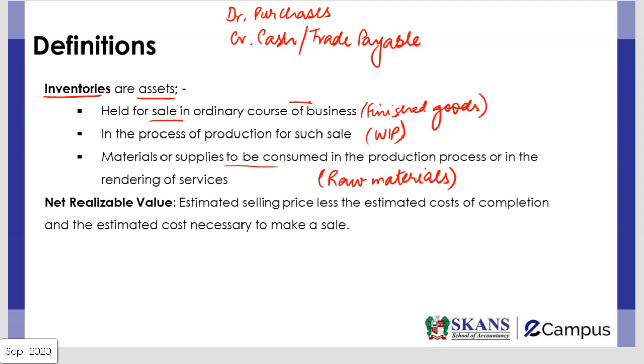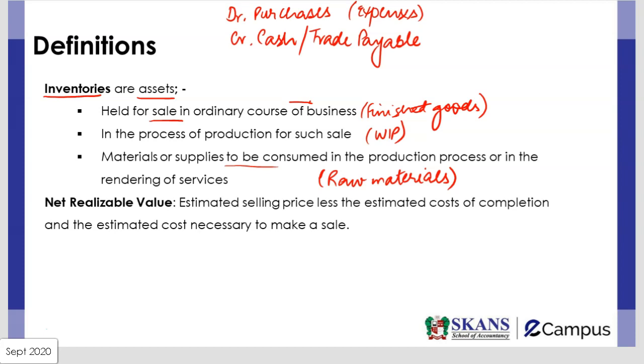When we make the purchases, initially these purchases are recognized as expenses in our business. You know, we show expenses in our statement of profit or loss in cost of sales. What are those purchases? These are the items which have been purchased with the intention of resale. So during the year when we purchase the items, we immediately pass the double entry, debit purchases, credit cash, or credit trade payable if we have purchased on credit.